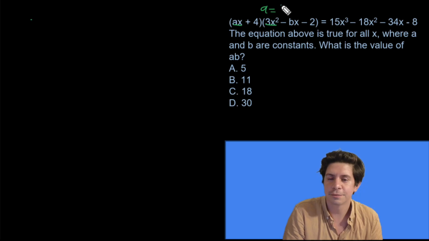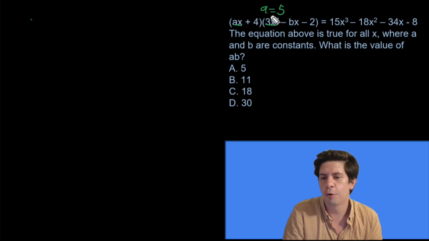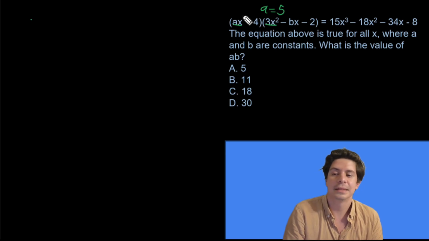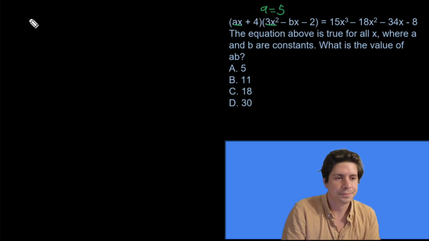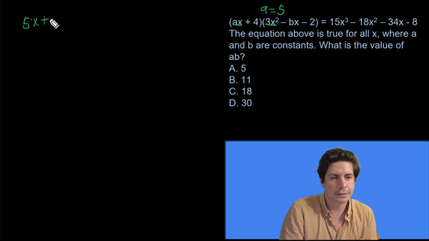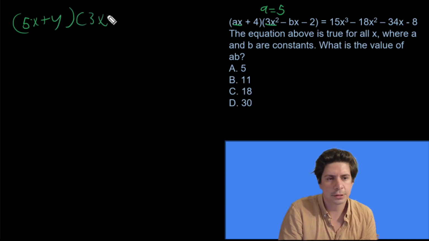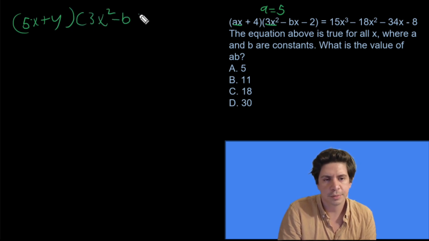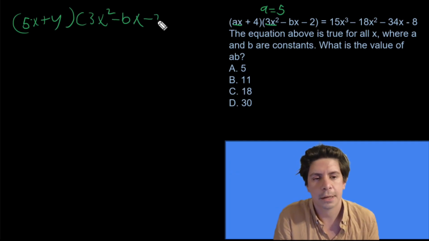So a equals 5. I'm going to plug that in here and then FOIL out. It's not technically foiling, but distribute everything and see how they line up. So we're going to have (5x plus 4) times (3x squared minus bx minus 2).